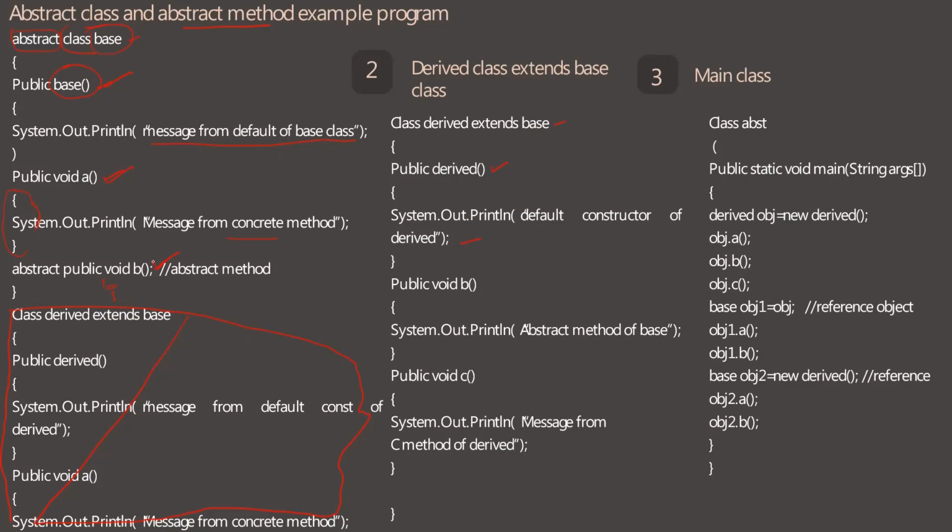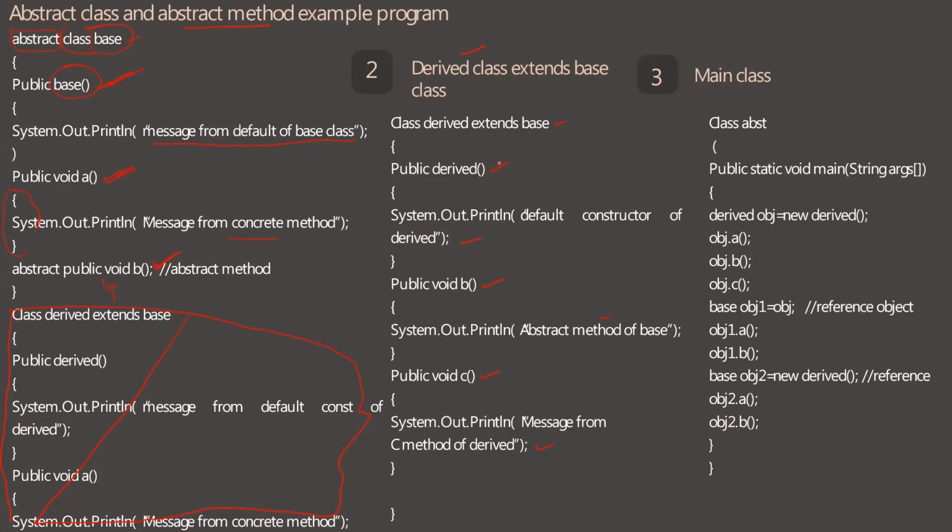And you have written the message for the default constructor of Derived class. Then whatever abstract method you have created in the base class, you're going to define here: public void B with the message abstract method of base. And afterwards, there's a C method, which is a method for your derived class. So you're printing a message from C method of Derived. Is that point clear? So now the Base class consists of default constructor of Base, A method, B method.